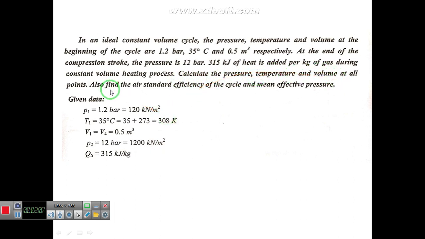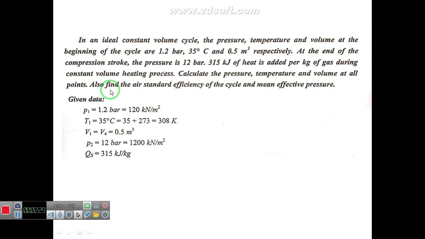The four processes are two constant volume processes and two isentropic processes, isentropic compression and isentropic expansion. We are also finding the air standard efficiency and the mean effective pressure.